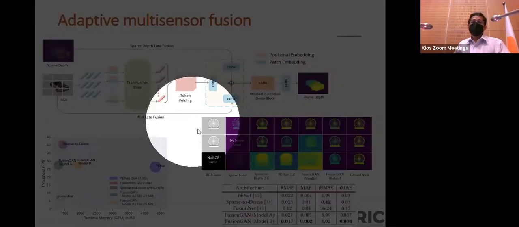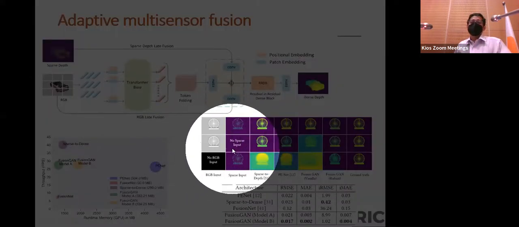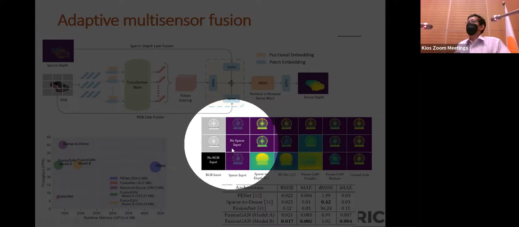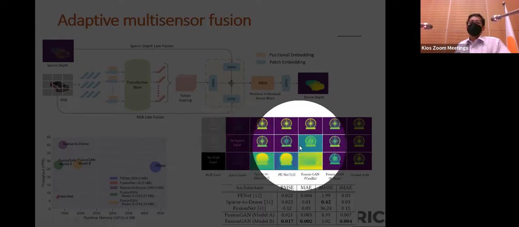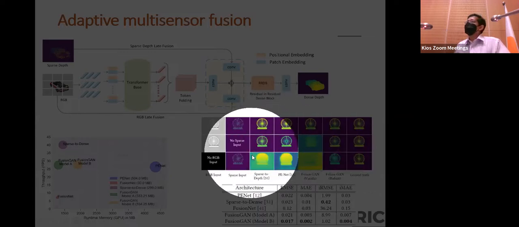And here is what's happening. So you have the RGB input and the sparse input, and you have these conditions where you may have no input from the RGB or the LiDAR data, right? And you can see that prior works are not up to the mark with the ground truth when some of these modalities fail.